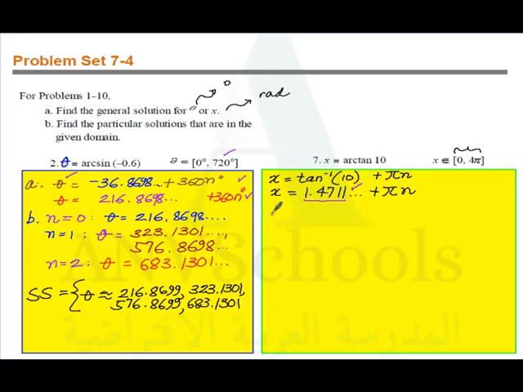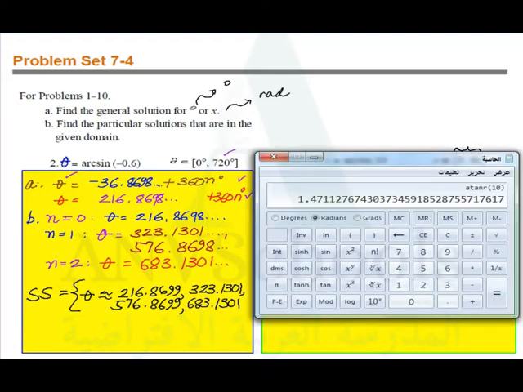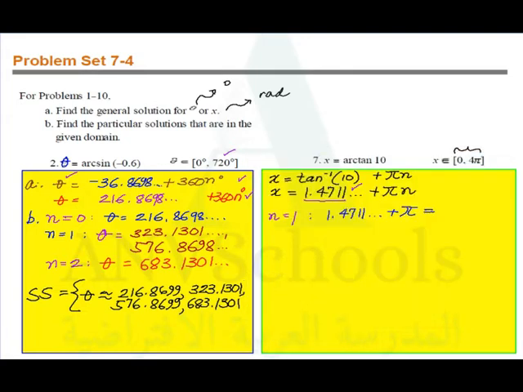This is when n is equal to 0, you find this. When n is equal to 1, we will have 1.4711 plus pi, and that would be 4.6127.